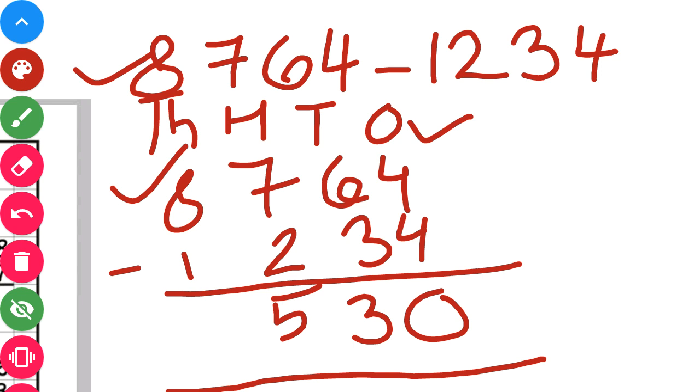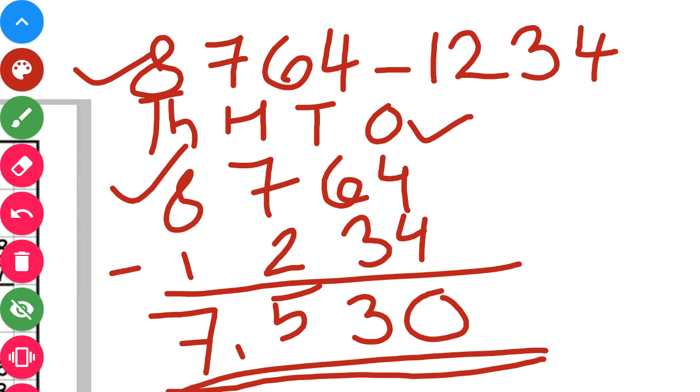We have read successor and predecessor, right? The predecessor of 8 is 7. In predecessor also we were subtracting 1 from the numbers. So 8 minus 1 we will get 7. So here we have 7,530 as our answer. I hope 4-digit subtraction is clear to you all, without borrowing, without regrouping.